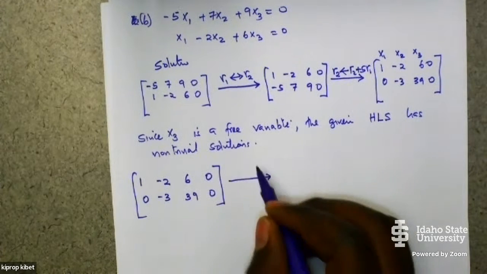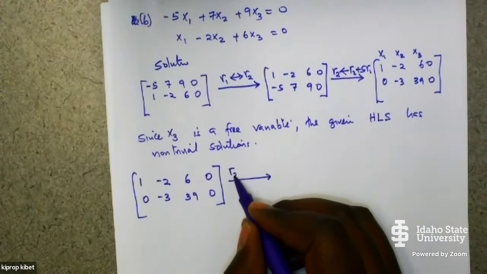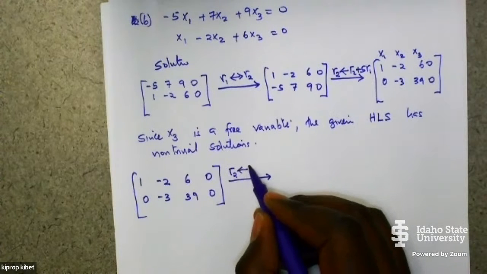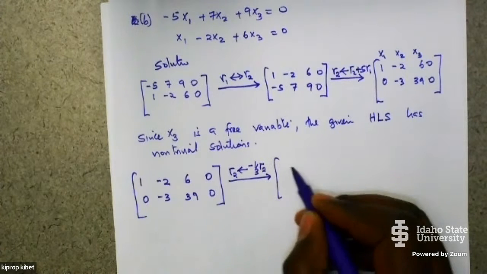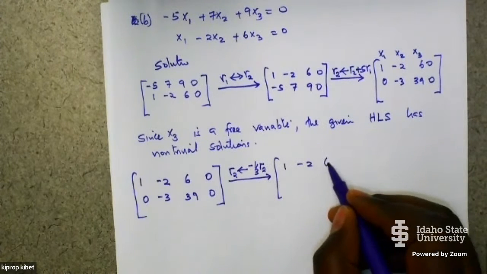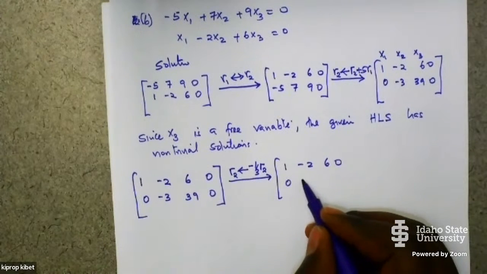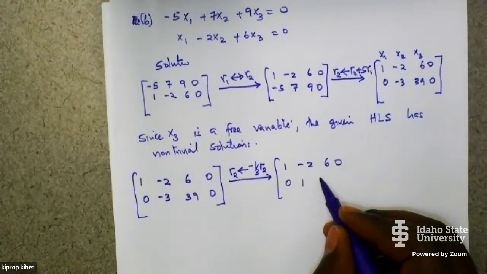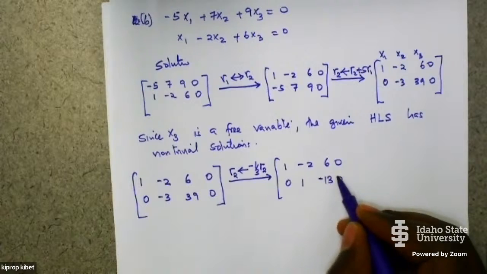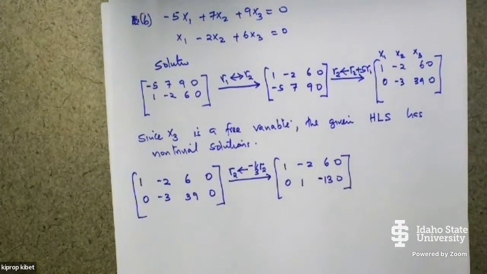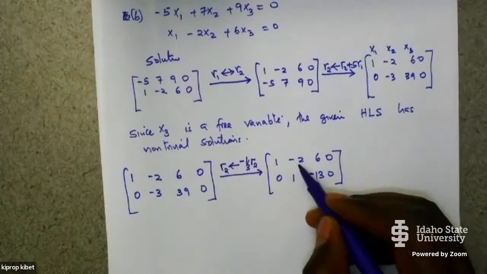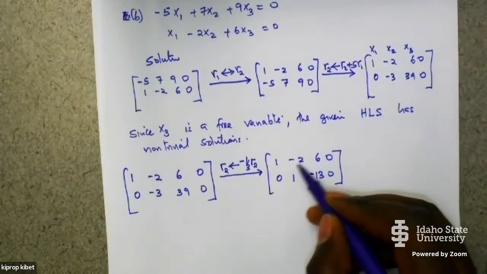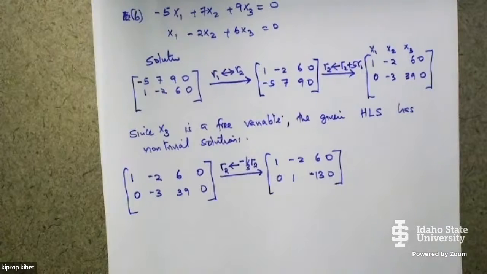So our new R2 will be 1/3 R2 (with the sign adjusted), which gives us 1, -2, 6, 0, and 0, 1, -13, 0. And then we make this to be 0.